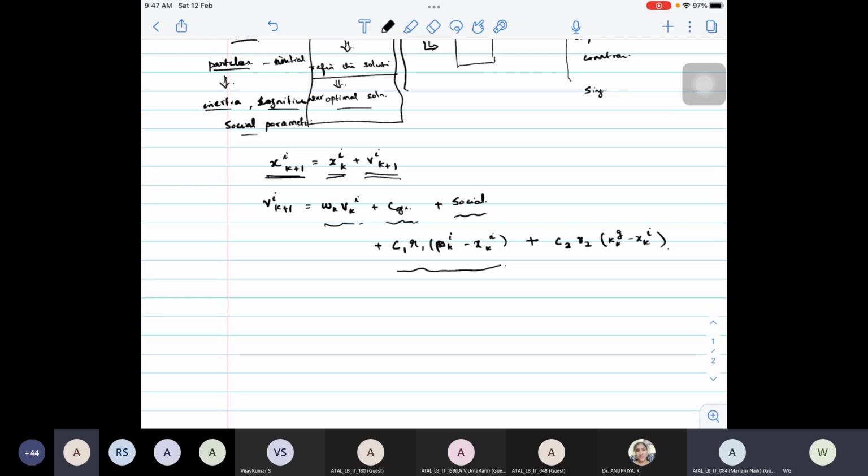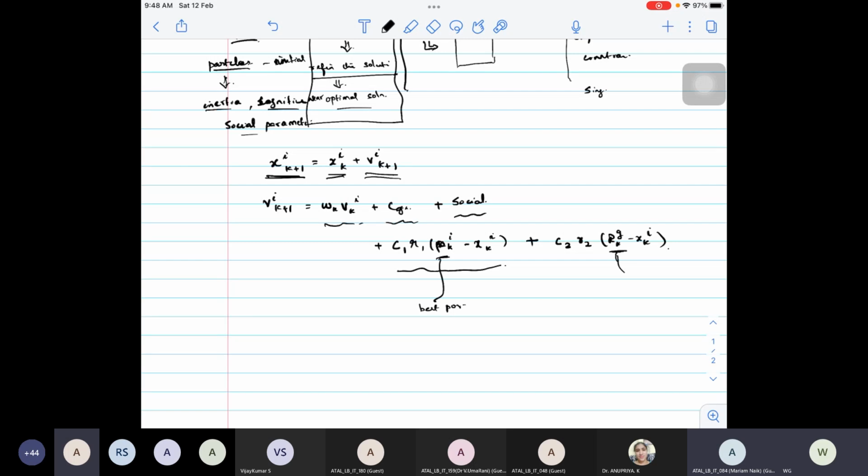Now what is this PKG and PKI? So this PKI is this particle's best position, and this is the best position of any particle, right?